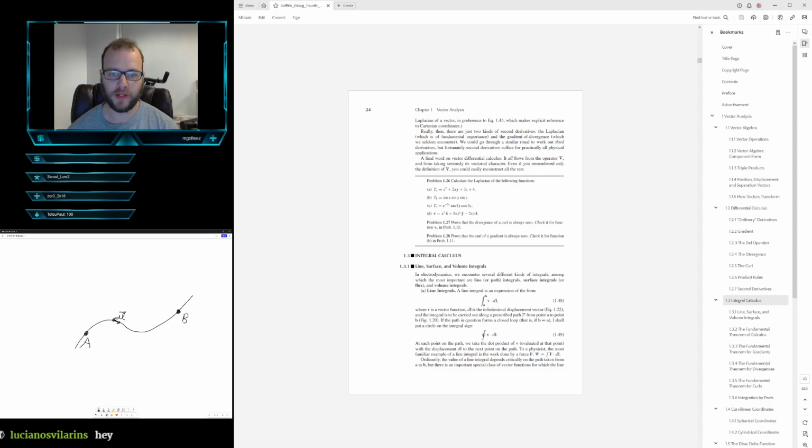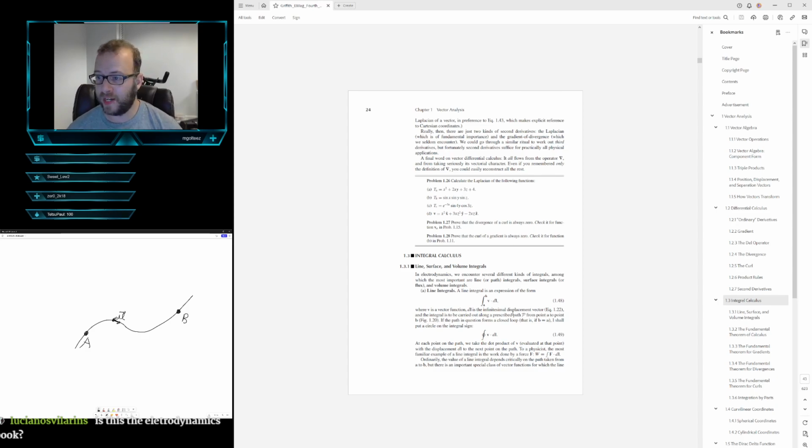And we have some point along a line going from A to B. Now, when we look at this point, if the path is a closed loop, we simply denote that A equals B, which is very straightforward, and we define the loop as an integral sign with a little circle.